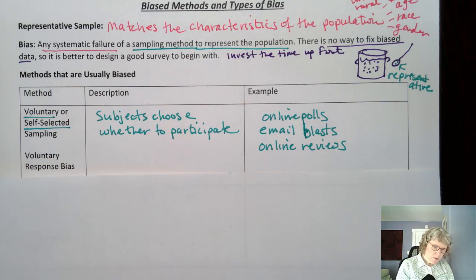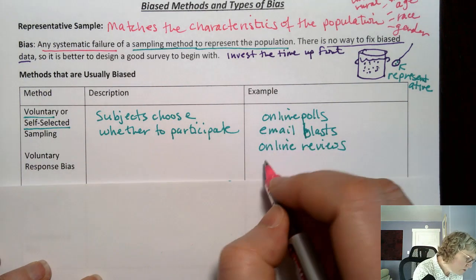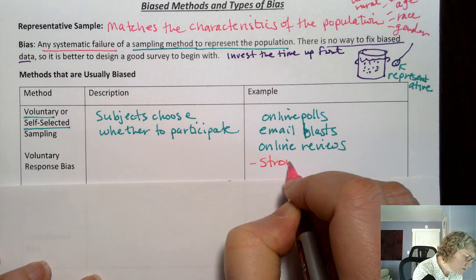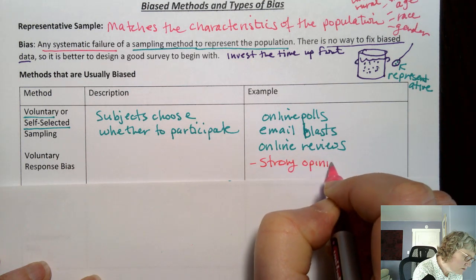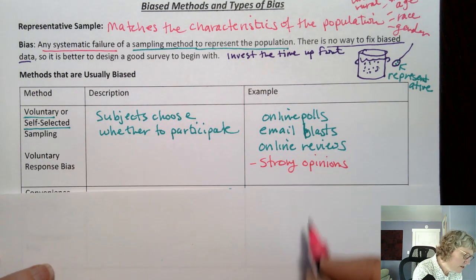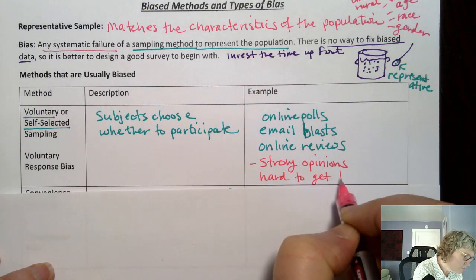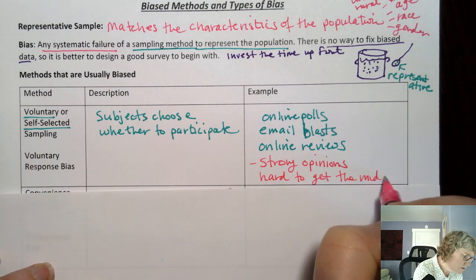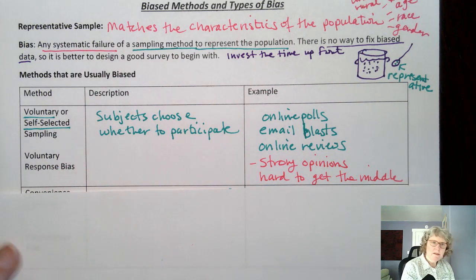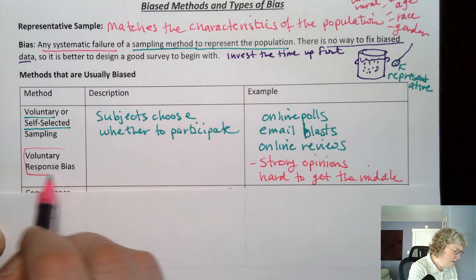And so the problem with this is you usually get really strong opinions, okay? So you have strong opinions, and it's hard to get the middle. Okay, so that type of bias is called voluntary response bias.